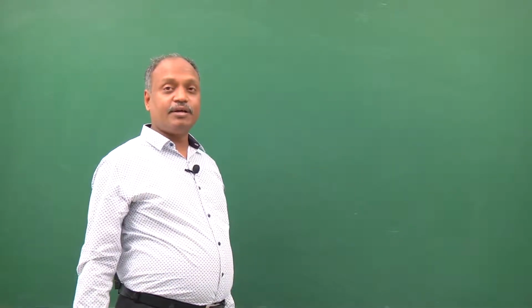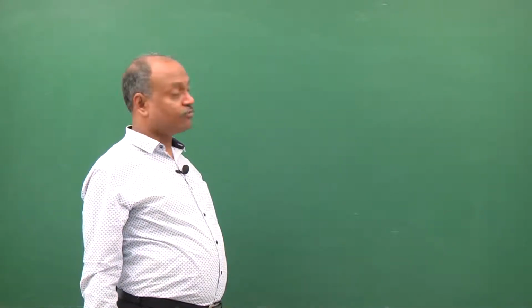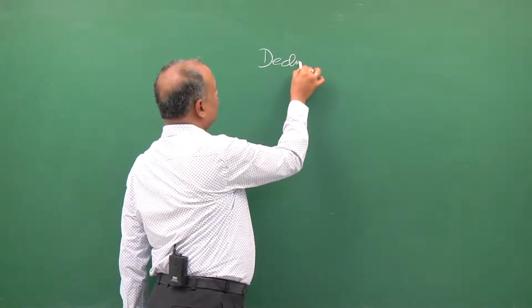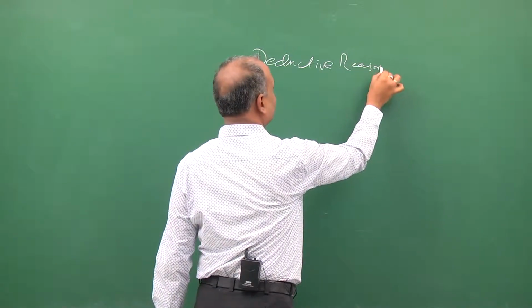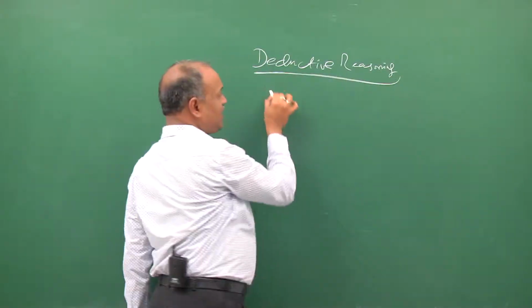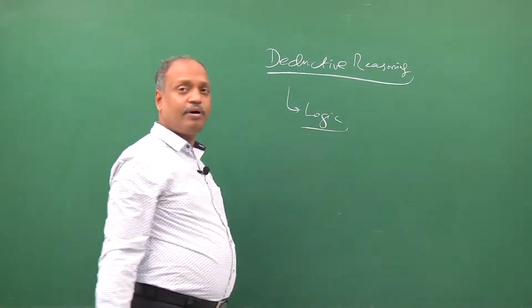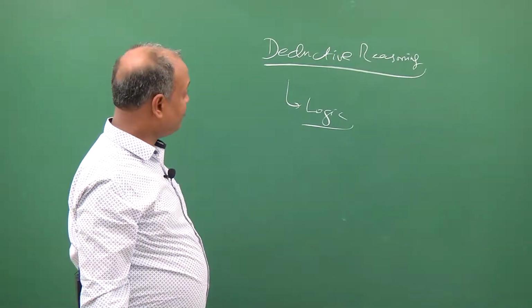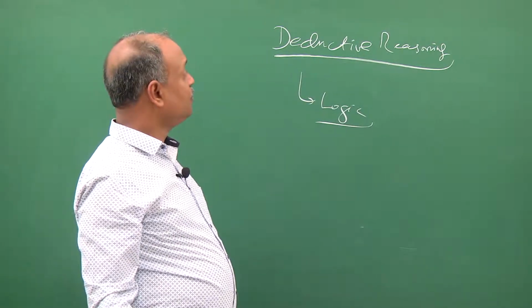Now let us look at one of the most popular ways of reasoning in the context of AI systems, namely deductive reasoning. When you say deductive reasoning, the basic idea is that you use some background underlying principle of logic to be able to derive new facts of knowledge from existing facts of knowledge.